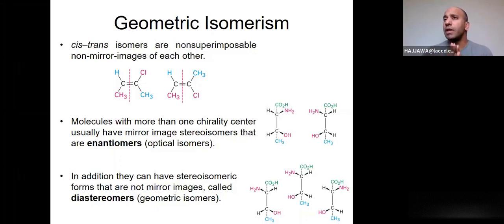Diastereomers, these are compounds that have more than one chiral center, and they may have one that is the same, but one that is opposite, meaning mirror image, non-superimposable. So the fact that they are partially non-superimposable, partially mirror image, these pairs will be referred to as diastereomers. Where else can I use the term diastereomers? Cis and trans alkenes, cis and trans cyclic alkenes. So that's an important thing to keep in mind.